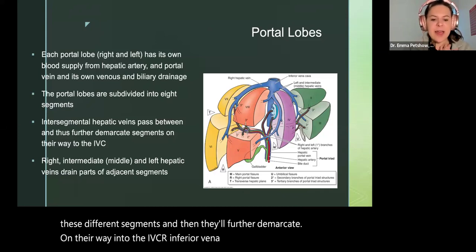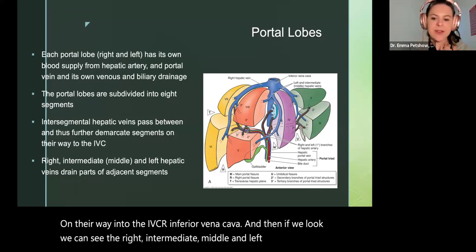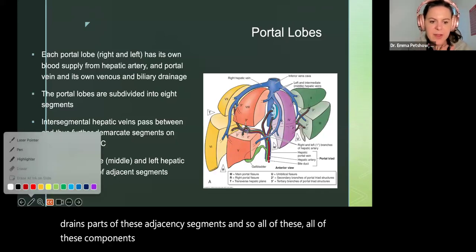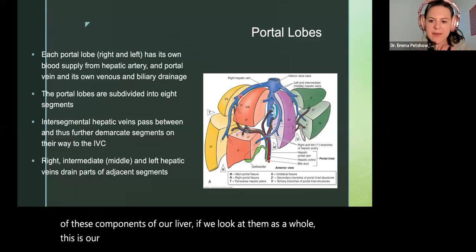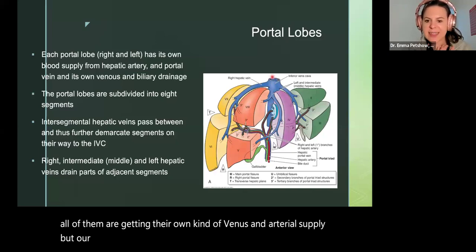And then if we look, we can see that the right, intermediate, middle, and left hepatic vein drains parts of these adjacent segments. And so all of these components of our liver, if we look at them as a whole, this is our IVC, our right hepatic vein, left and middle hepatic veins. All of them are getting their own kind of venous and arterial supply, but our venous supply is all coming back to the IVC at the end.